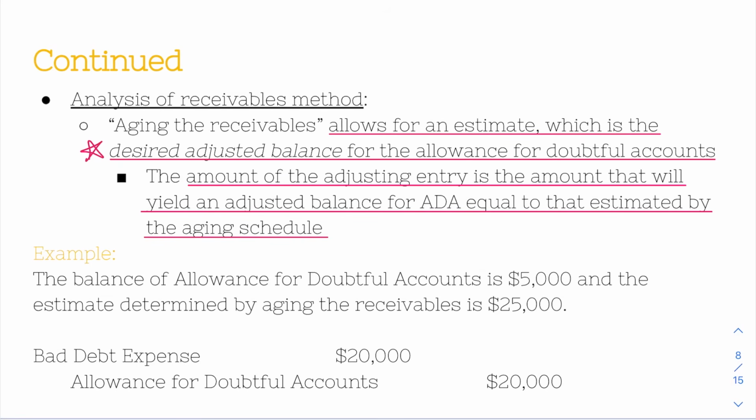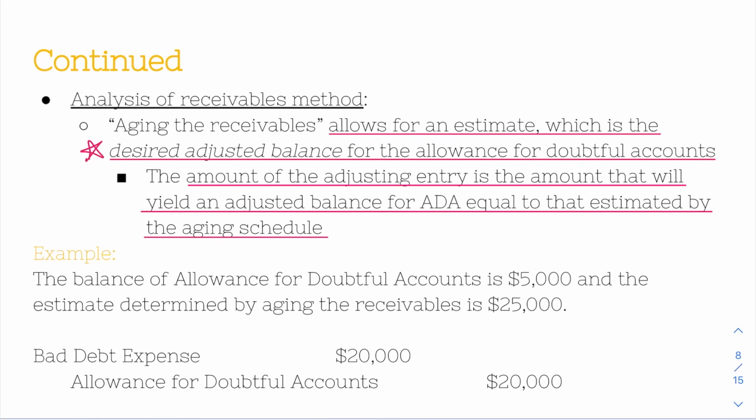And this is where that earlier thing I said to you comes into play. There could be a balance in allowance for doubtful accounts at the end of the period because it is an estimate, so you might have a value in it carrying forward from period to period. So if there already is a value in the account, then your adjusting entry will not be the same as, actually, I'll just show you.